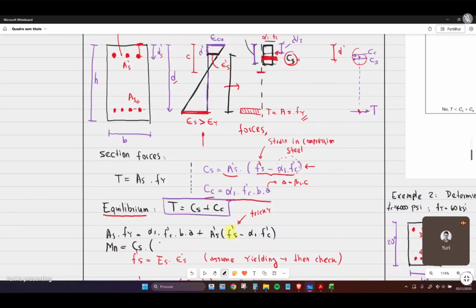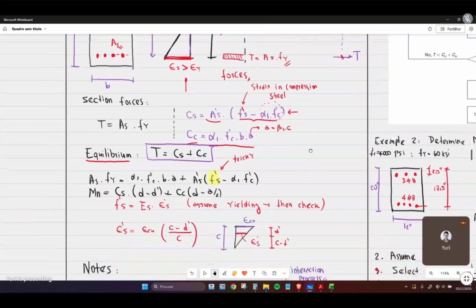So it's going to be d minus d prime, plus the force of concrete under compression, which is going to be this distance, d minus a over 2. Okay, so that's going to be the equation.